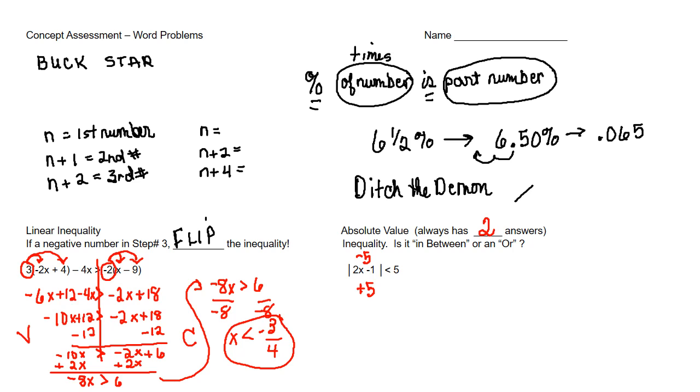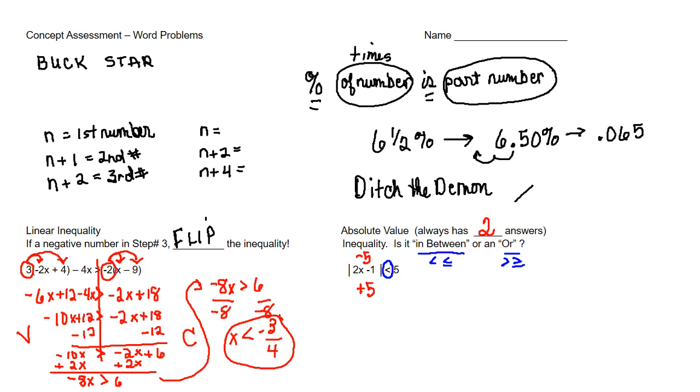What you have to remember here is that looking at the inequality is going to tell you if you're doing the in-between or the outside parts of a number line. The in-between is the less than and the less than or equal to, and the "ors" are greater than and greater than or equal to. They're the ones that are on the outside.